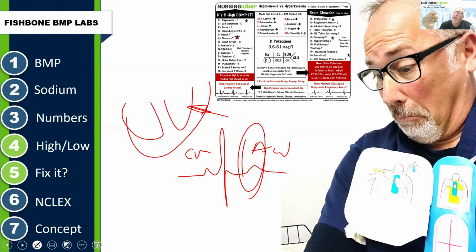Therefore, if somebody doesn't have enough potassium, they'll have slow-like symptoms. They can have less contractility, and that PR will be prolonged, which means contractility is going to be slowed down. And you will also get a peaked P wave.